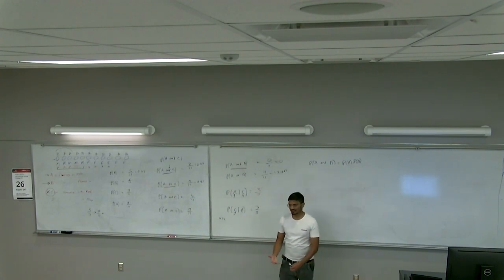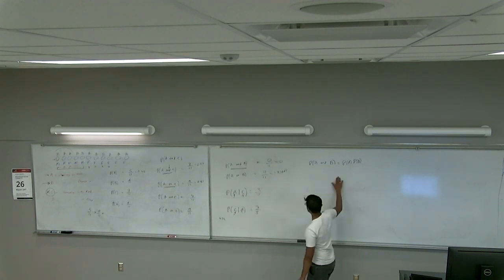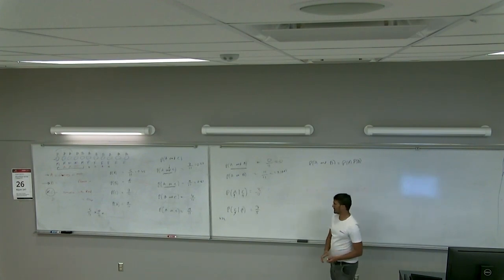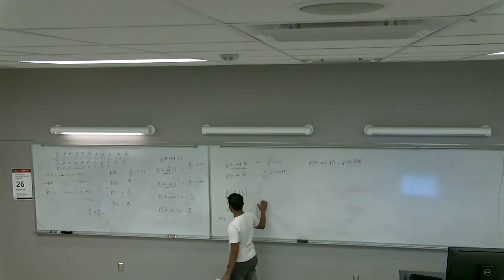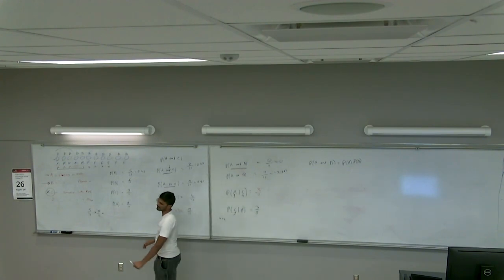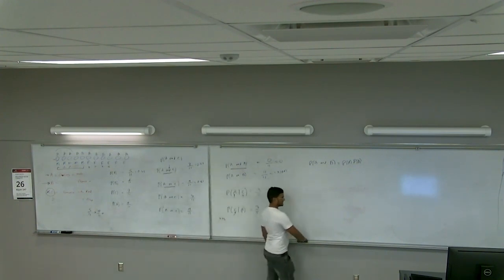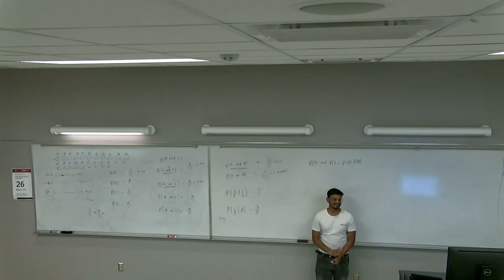Okay, so it's another way that you can use this equation, right? Any questions? So you have to know the idea of this conditional probability very correctly. Any questions at all?